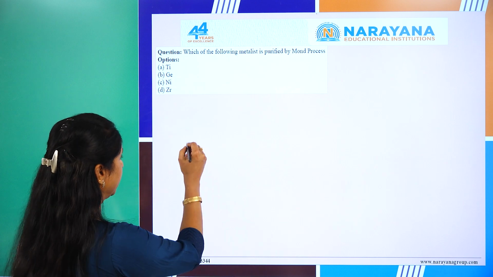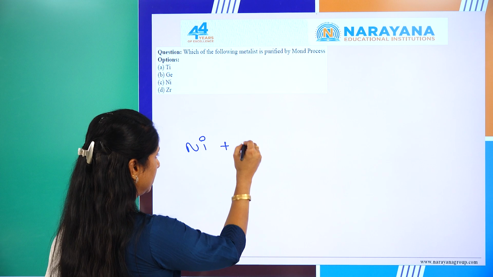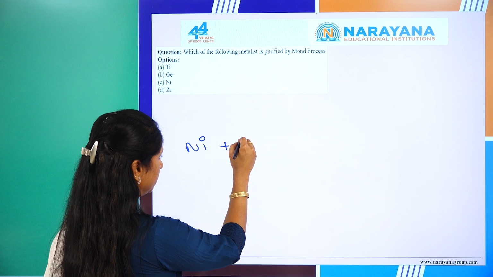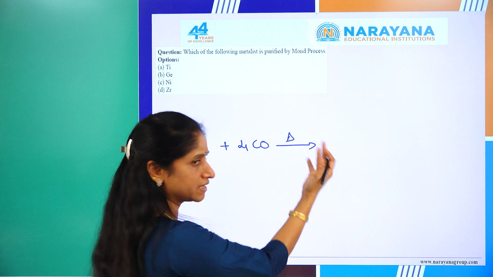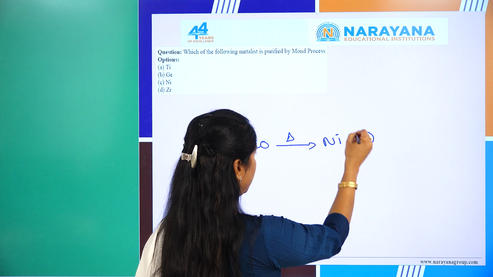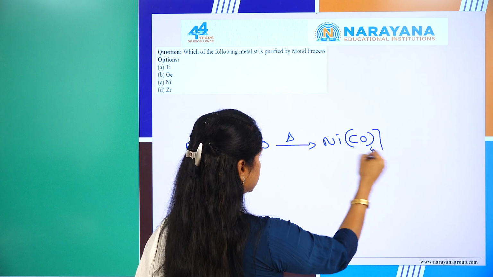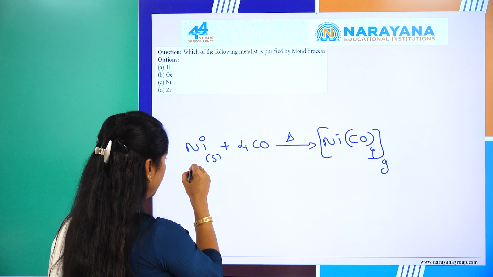So impure nickel, with carbon monoxide on slight heating, approximately around 60 degrees Celsius, you will get tetracarbonyl nickel in the vapor phase. I am starting with the impure nickel.